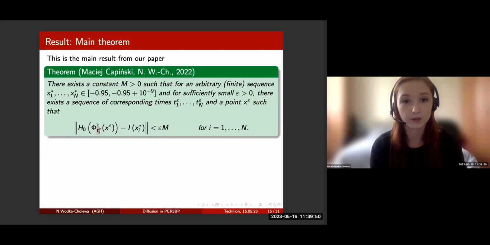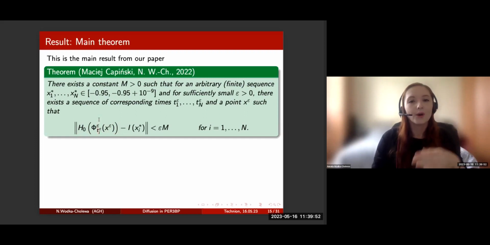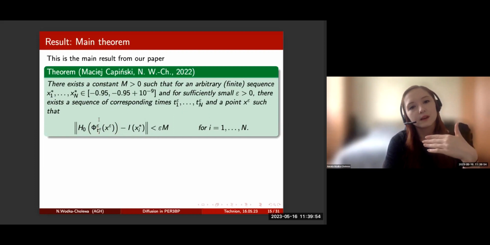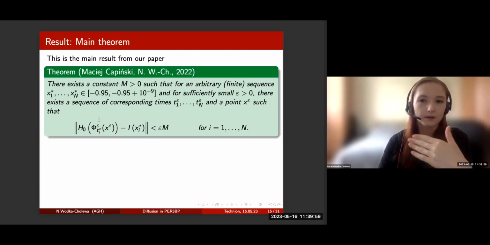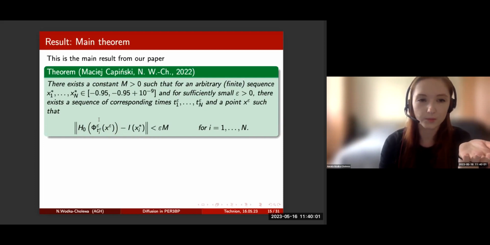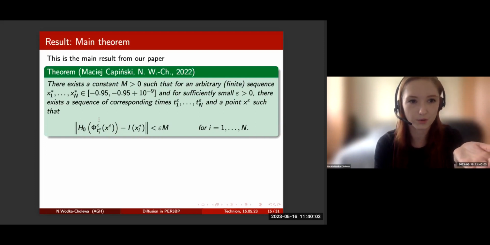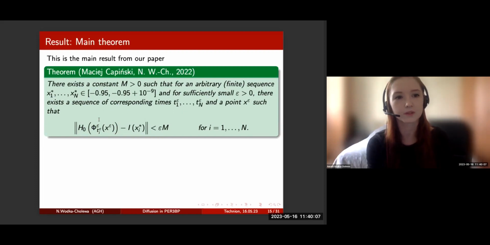That is really important. It's a perturbed system. So we can say that we epsilon-m shadow our orbits, but in the sense of energy. So we shadow the values of energy for our Lyapunov orbits.